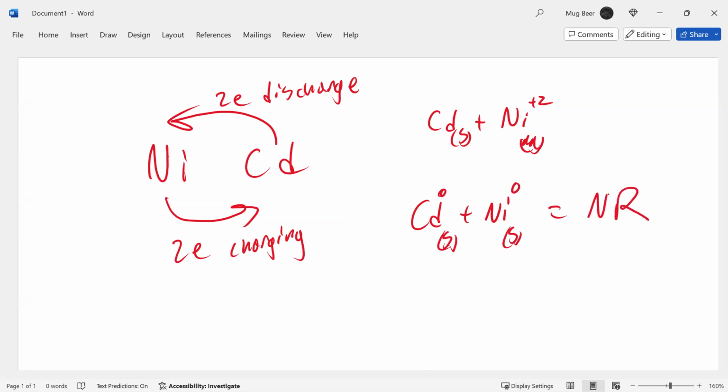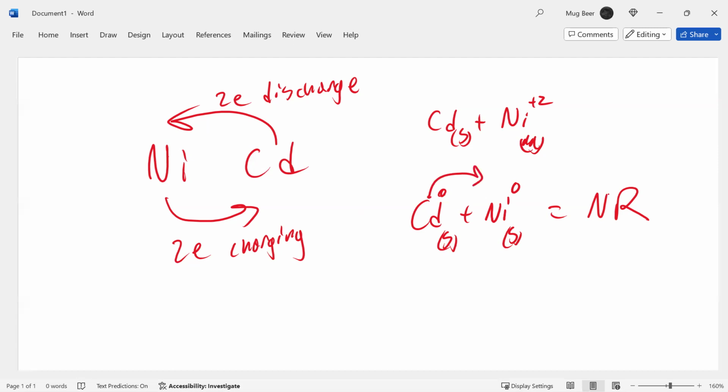Why am I writing no reaction for this next reaction I've written up here? The cadmium is more active, so it could give electrons to the nickel, but why is the one I have an NR next to never going to happen?